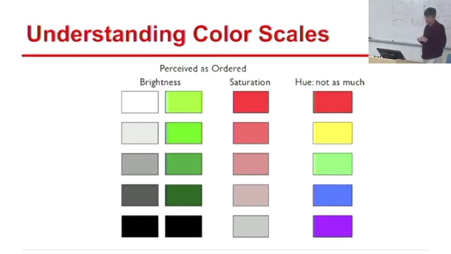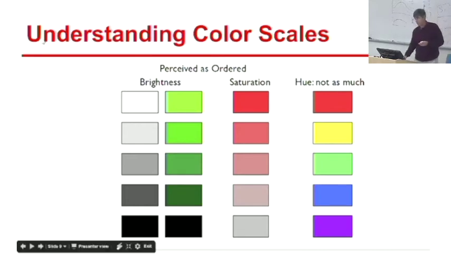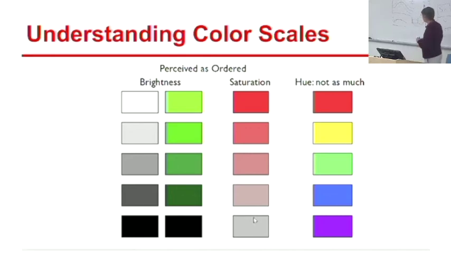Does everybody see that at one level of my brightness scale, I can make it white? Or maybe it was a saturation issue, more a saturation scale, where I have a linear combination of a certain amount of the color with a certain amount of white. What's good about that is people do have the idea that blue means cold and red means hot, and you can now see that gradation.